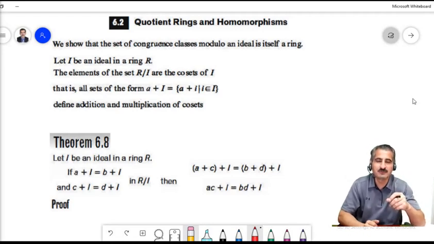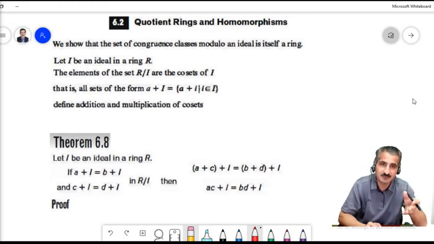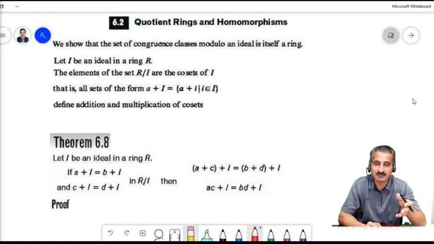The operation inside a quotient group was on the cosets of the normal subgroup N. But now the quotient ring will be the quotient of a ring over an ideal, as we mentioned in our last lecture. So we will have cosets of the ideals, define addition and multiplication, show these definitions are well defined, and then form the quotient ring.